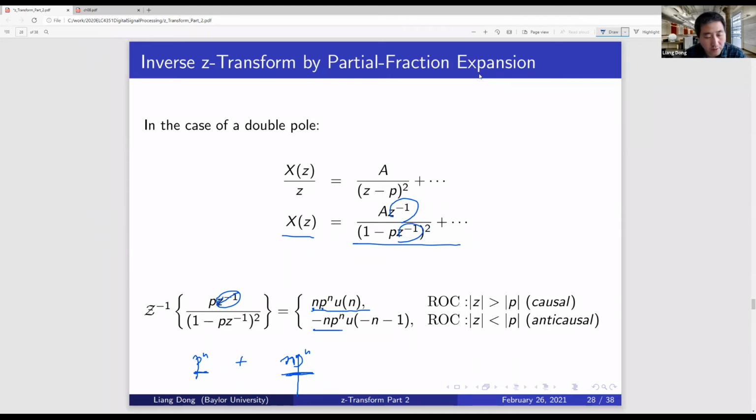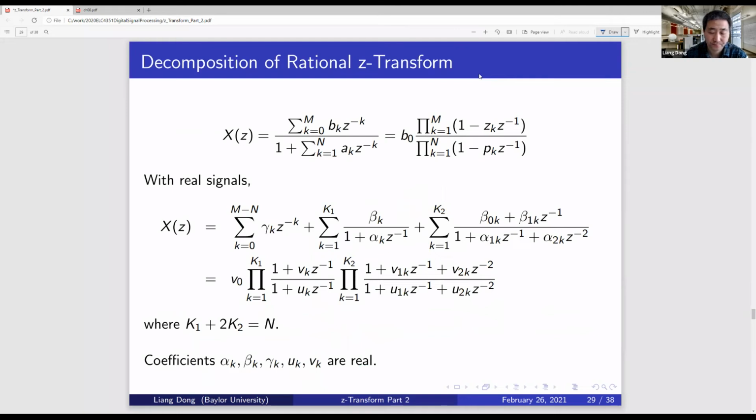So indeed, in the Z transform, looking up the table, we find that, and the format is very familiar. We can recognize that. So usually what we need to do is deal with a multiplicity of 2, because for any real signal, if little xn is a real signal, or if you transfer that onto the Z domain, the coefficients A's and B's are real.